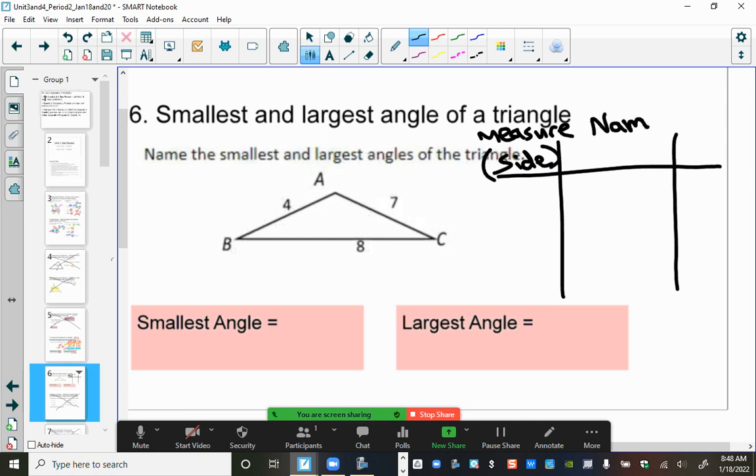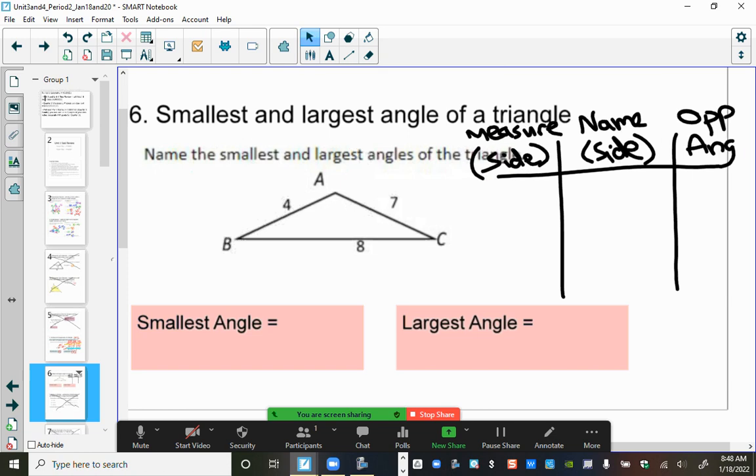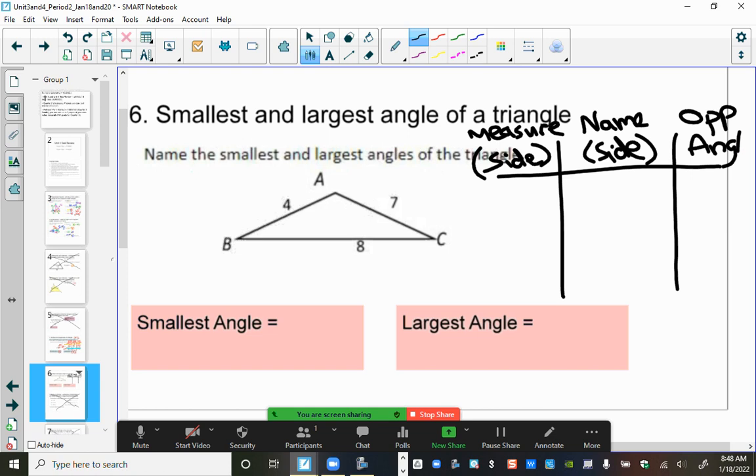Name. Side. And then opposite angle. Okay, so here we go. Again, go from smallest or shortest, medium, to largest or longest.